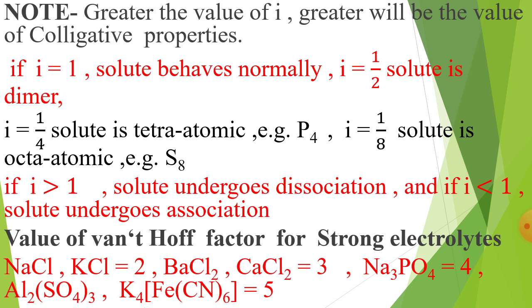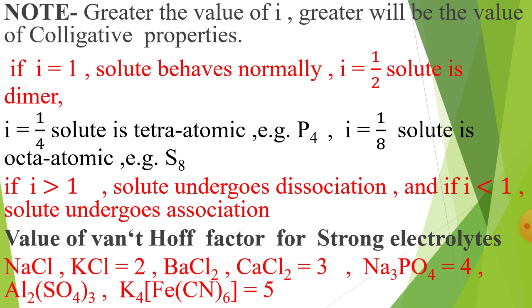Now some values of van 't Hoff factors for strong electrolytes are given. NaCl, KCl: the value of i is 2, as it produces 2 particles, 2 ions. BaCl2 or CaCl2 gives 3 particles, that's why i equals 3. Na3PO4: 3 Na plus ions and 1 PO4 3 minus, so 4 ions there, that's why the value of i is 4.